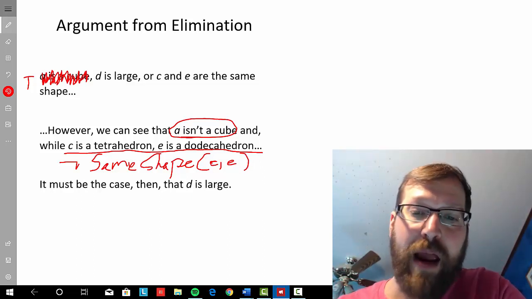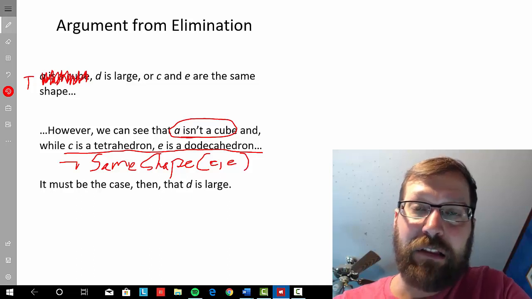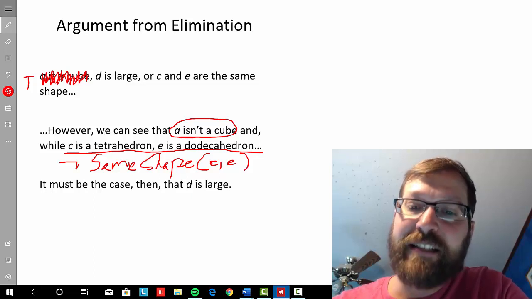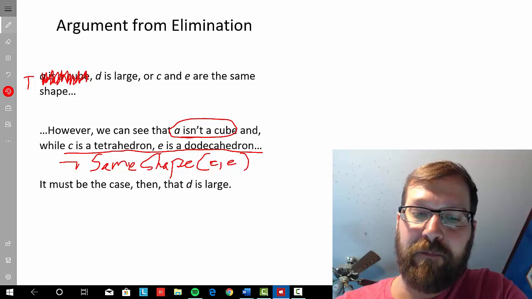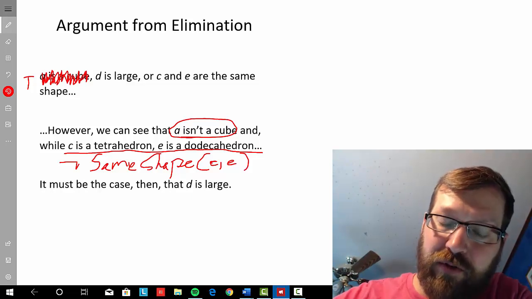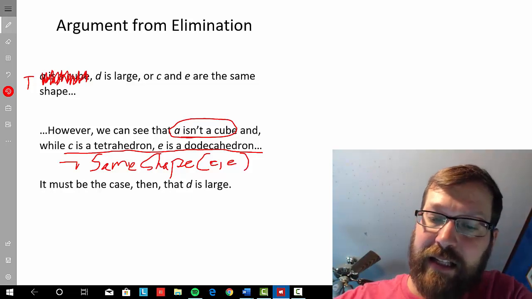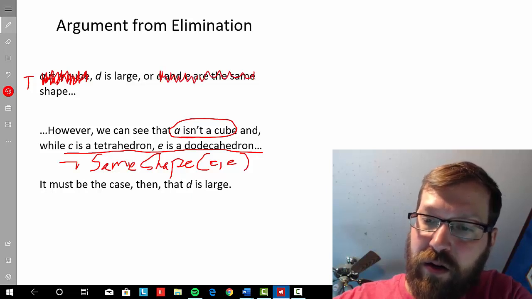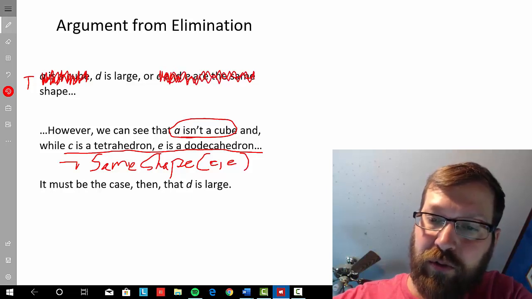And going back up to our disjunction then and looking at the last disjunct, it says that C and E are the same shape. So if it's true that it's not the case that C and E are the same shape, then this can't be what's making our disjunction true.